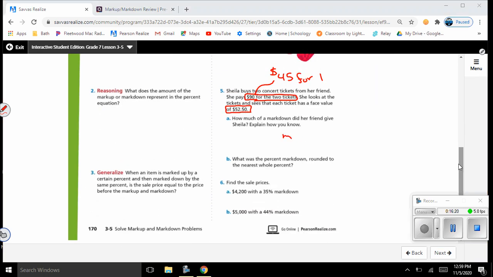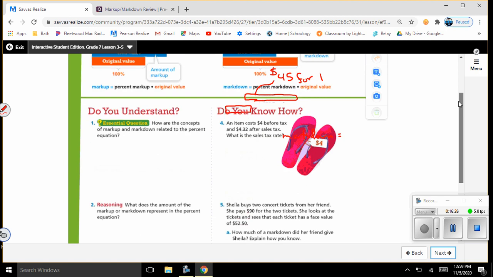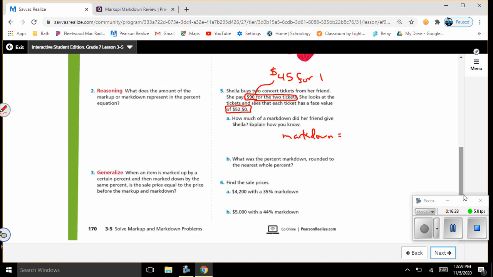So markdown equals, what do we say? Percent markdown times original value, which we'll call OV.